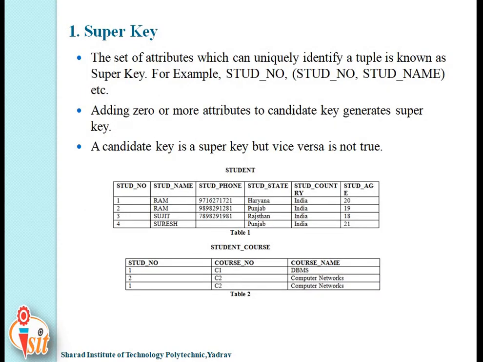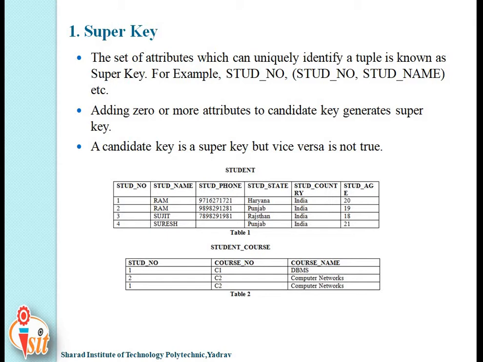Consider another example, a student having various attributes like roll number, name, age, address, class, section. Now the super keys are the sets which can uniquely identify each student in the student table. That is, you can say class, section and roll number can identify the student, that's why it is a super key.